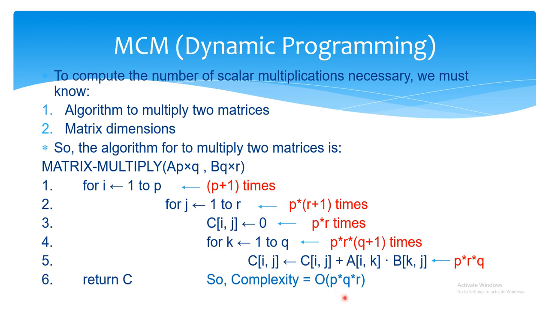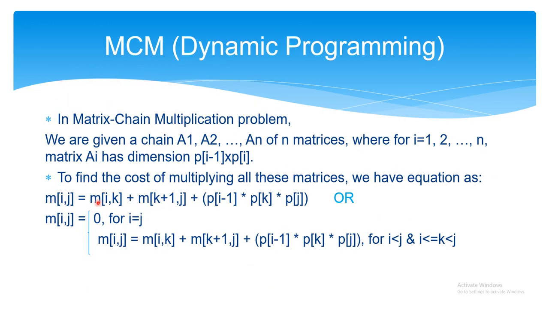Here we have considered the dimensions of the matrices: P cross Q, and the second matrix has dimension Q cross R. So in general, the total number of scalar multiplications required is P into Q into R. If we assume P is equal to n, Q is also n, and R is also n, the time complexity is order of n cube. Everyone knows this algorithm, so we are not going into much detail.